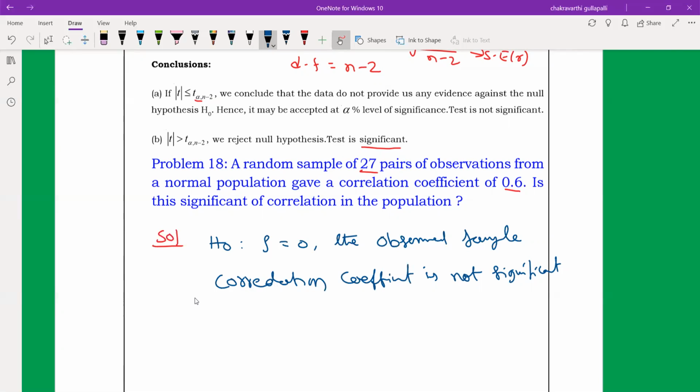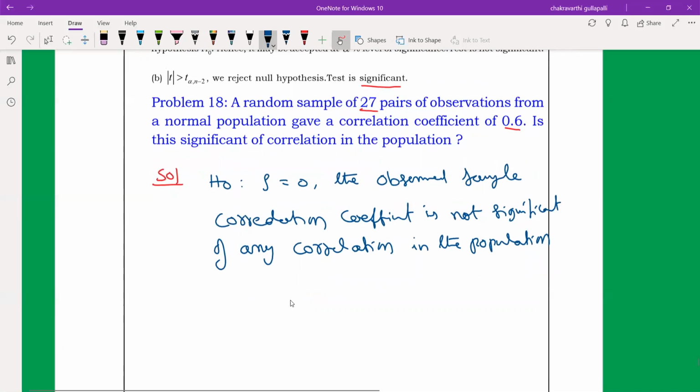Not significant means rho value is 0, no correlation in the population. H1: rho not equal to 0.